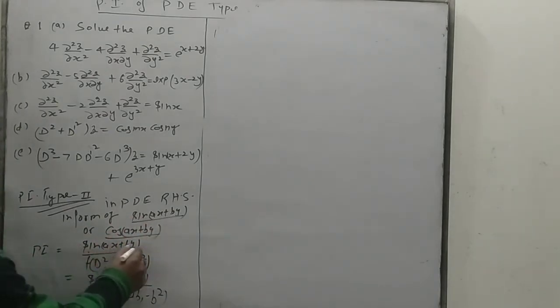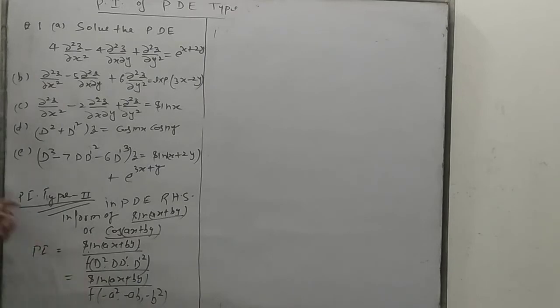If it is sin of ax plus by, then in the operator form D square, D D dash and D dash square, we write the x coefficient a in place of D, and after that you take the minus sign.